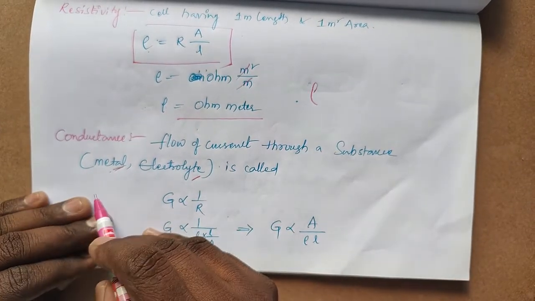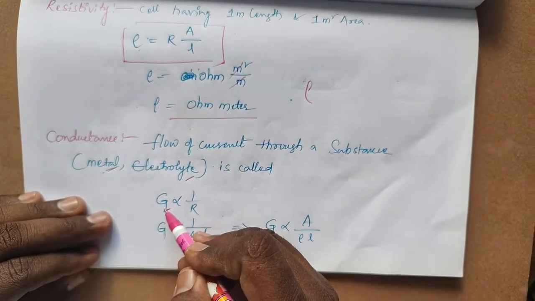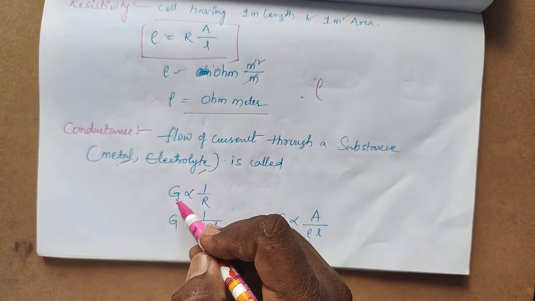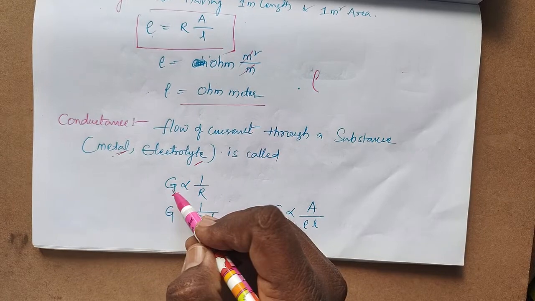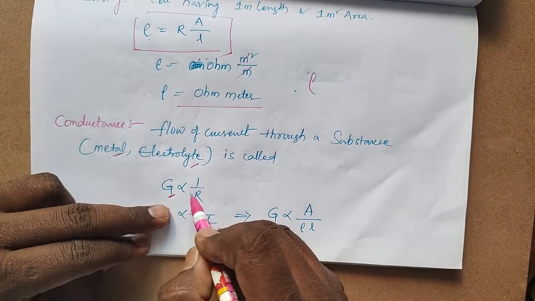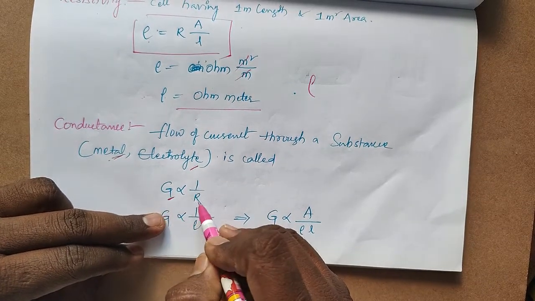We introduce conductance with G. G is inversely proportional to the resistance.